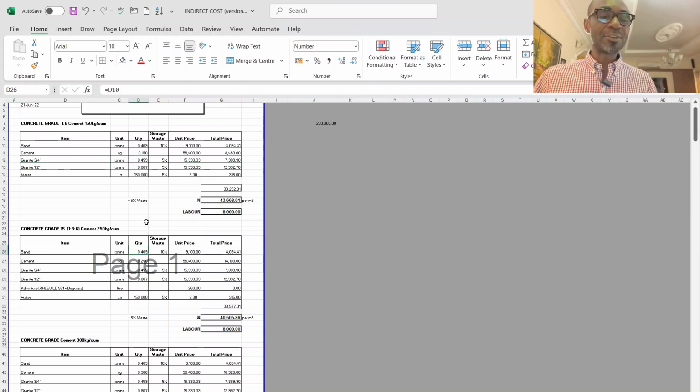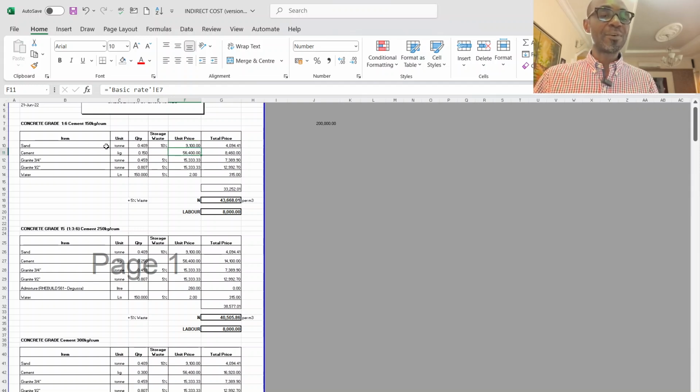The sand is 0.40, 0.0409, while the water is 150 liters. These are the unit rates coming from this schedule of basic rates.